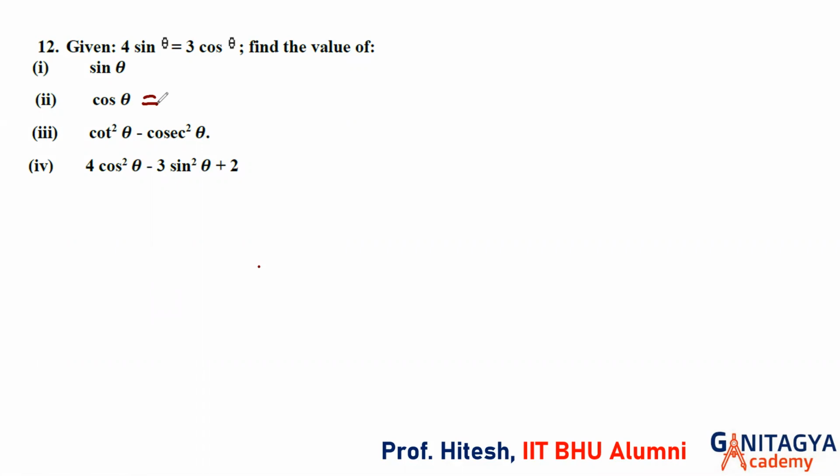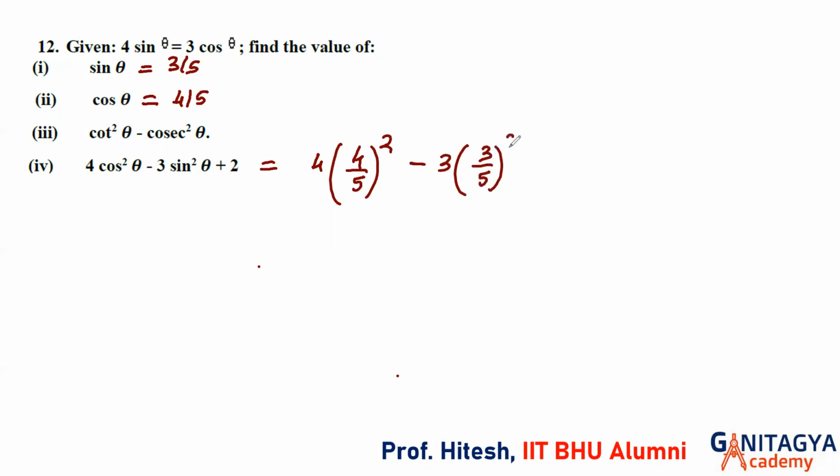We wrote sin theta is 3/5 and cos theta is 4/5. Just put the values. So it will be 4 into cos theta, 4/5 square, minus 3 into sin theta, 3/5 square, plus 2. Just solve it and find the value.